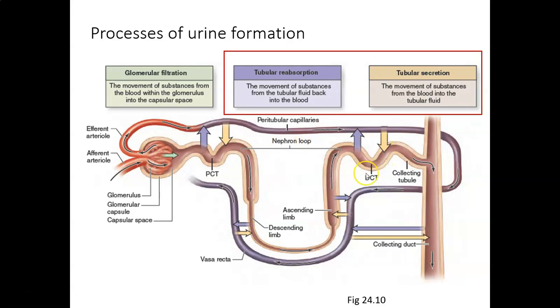So the reabsorption and secretion in the tubules happen in all parts of the tubular segment of the nephron. It also happens along the collecting duct. That's why you have blood capillaries running right next to all the tubules, because you are having constant exchange of substances between the tubules and the blood vasculature.